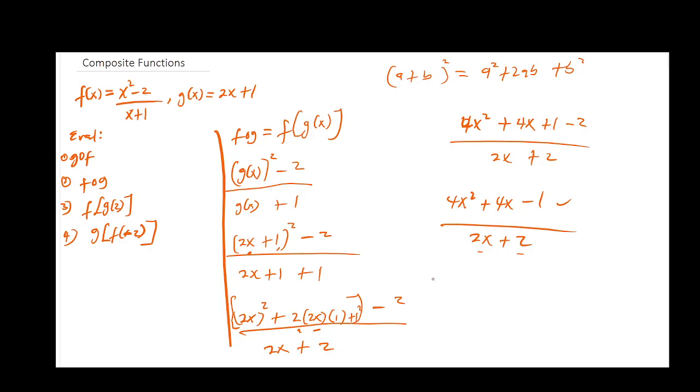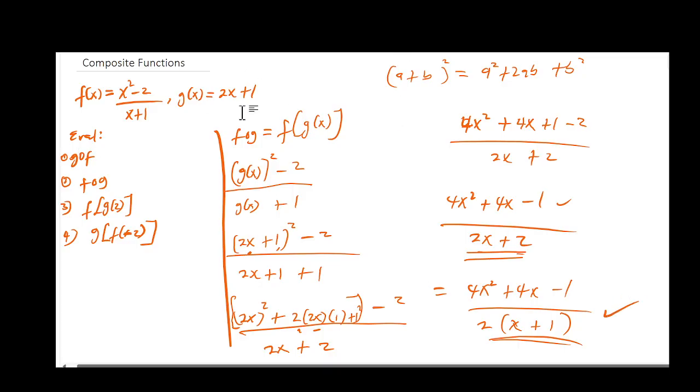So finally we can have 4x squared plus 4x minus 1 all over 2 times x plus 1. So either way, you can leave your final answer to be this or this. Both are correct.